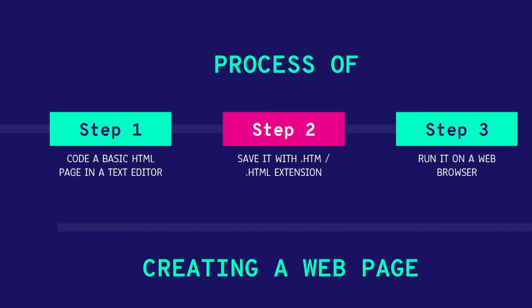Process of HTML: how can we create an HTML file and run it in a browser? First we have to code a basic HTML, which we have already seen just now. Then we have to save it with the .htm or .html extension. Then we run it on a web browser easily. In any browser we can run that, so in Chrome or Firefox, anywhere.